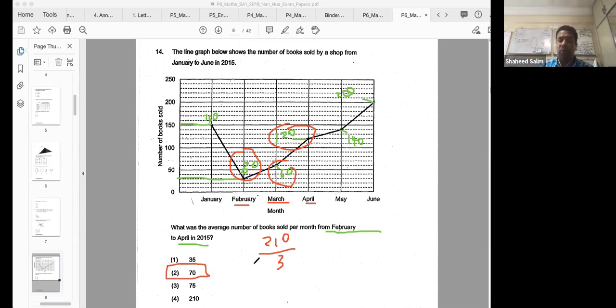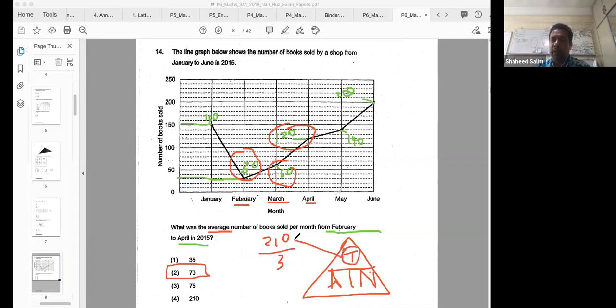Now, if you do not know, remember, formula for average is Mr. Tan, T-A-N. Okay, this is total. You want to find total, average times number. If you want to find average, take the total.